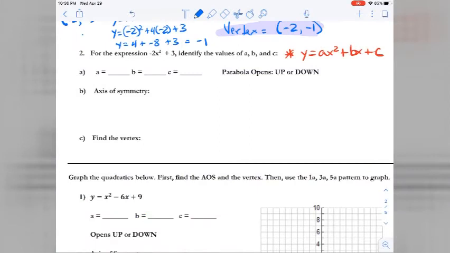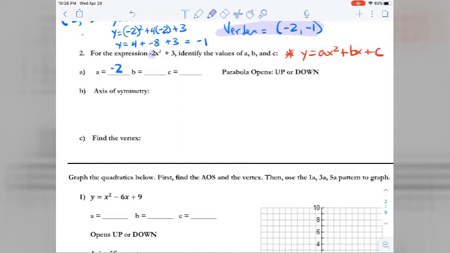Okay, so let's try another problem. This one's a little bit different. So for the expression negative 2x squared plus 3, identify the a, the b, and the c values. Okay, well, we remember that our equation in standard form is y equals ax squared plus bx plus c. So we know that our a is negative 2.